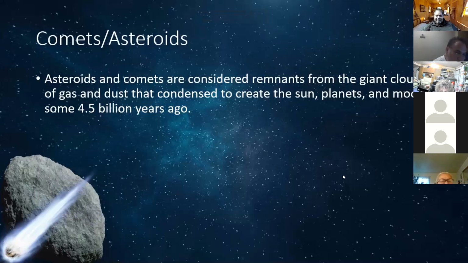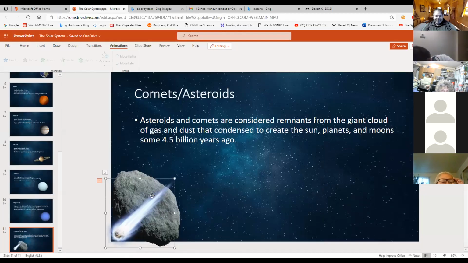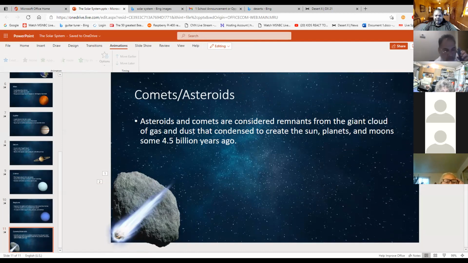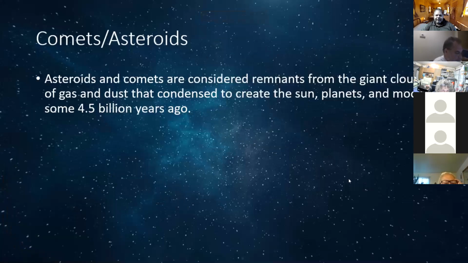Nice. See, the order should be first. I think I can reverse the order. Move it later here, so the comet should be on the right and the asteroid should be on the left. Now I switched the order of the animation, so the asteroid leaves first, and then the comet second.